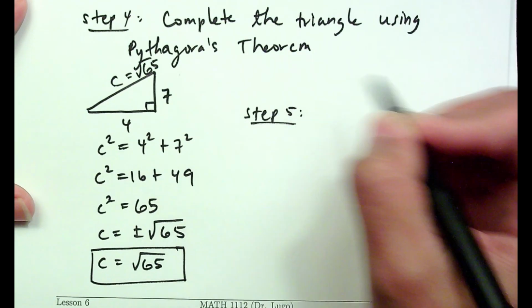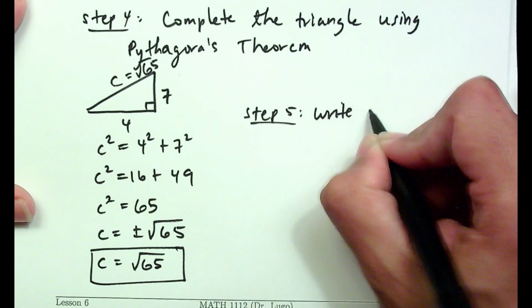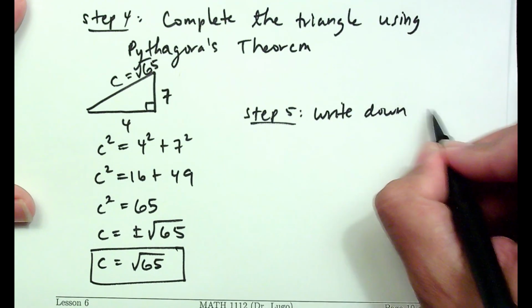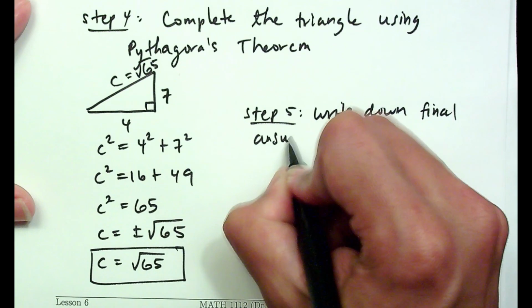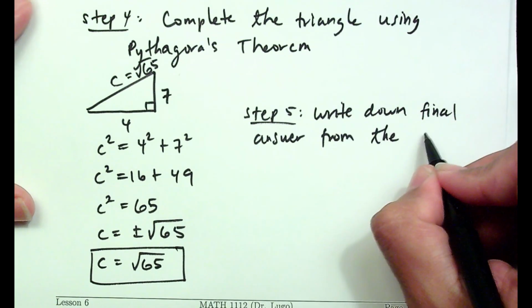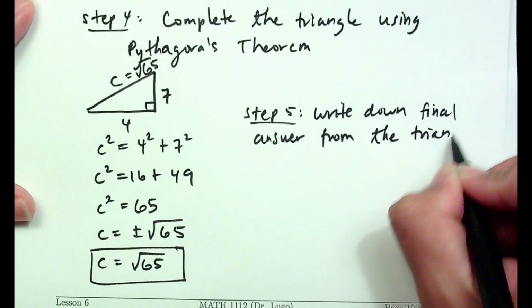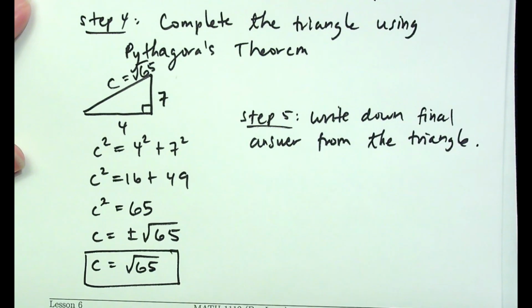The last step, step 5, is write down the final answer from the triangle. You can just look at the triangle and give the final answer. Again, how is that done?